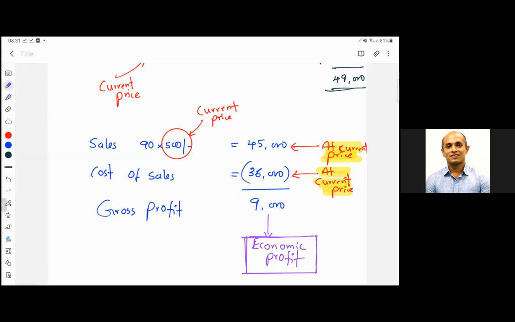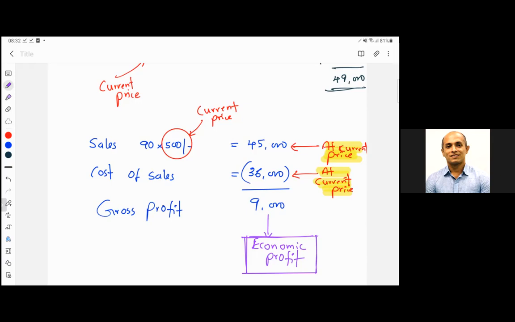So your profit reflects the results of your operations. You can say it's economic profit, because changes in price levels have no impact on your profit.